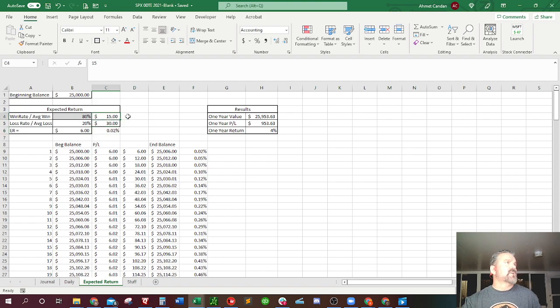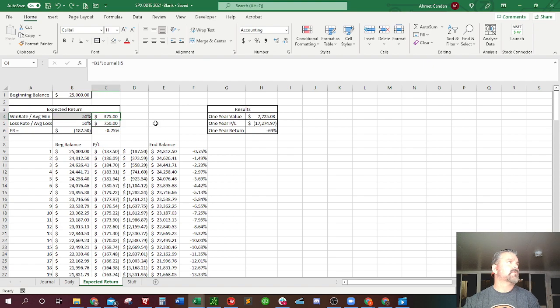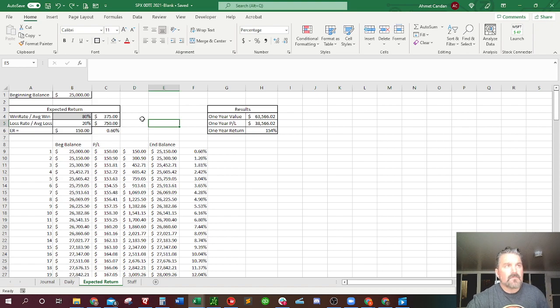Okay, so getting back to our scenario, as you know, we try to make 1.5% on every single day, not per trade, because we might have multiple trades in one day, but every single day we're looking to make 1.5%.